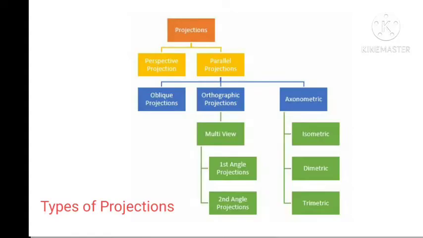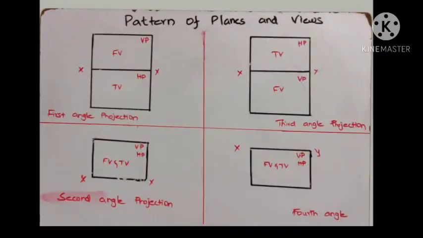But if you look at this closely, during the classification of projection under multi-view, I mentioned only the first angle projection and third angle projection, whereas I didn't mention the second and fourth. The reason for this is, as shown here, in the second and fourth, the front view and top view will overlap.